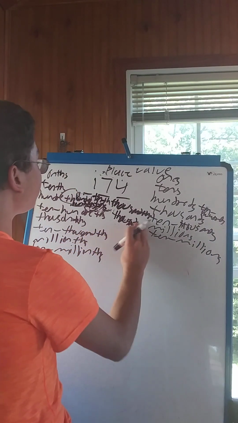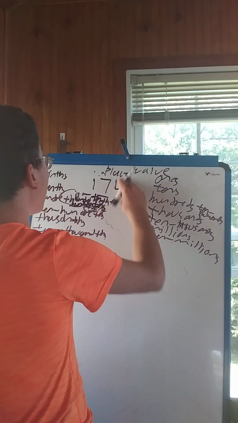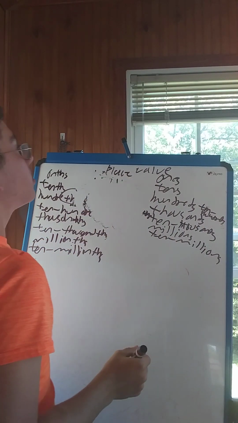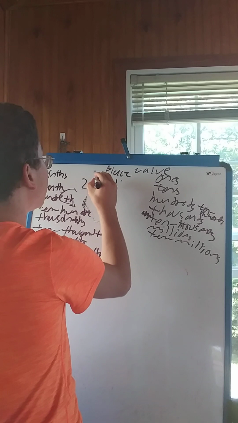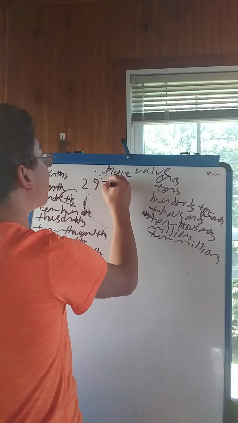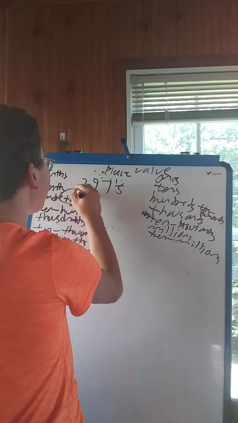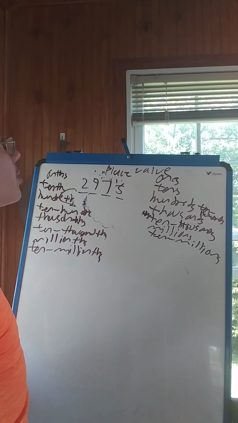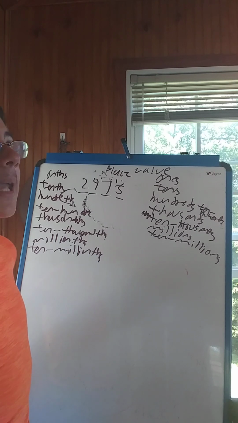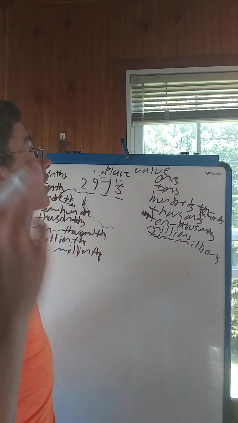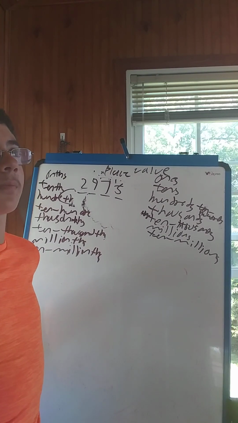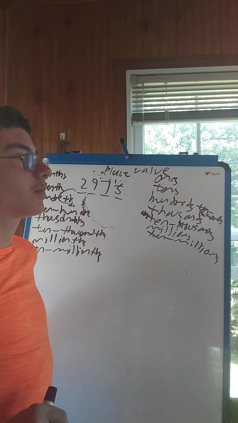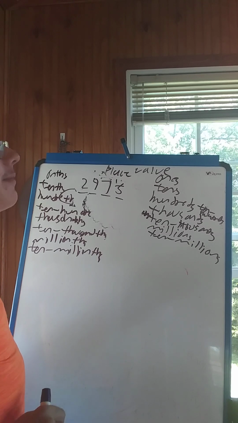Now we're going to add one more placement in: 2, 9, 7, 5. Going from right to left, what would the 9 be in? I'm going to call these out in random order. No, that would be going left to right. Right to left.